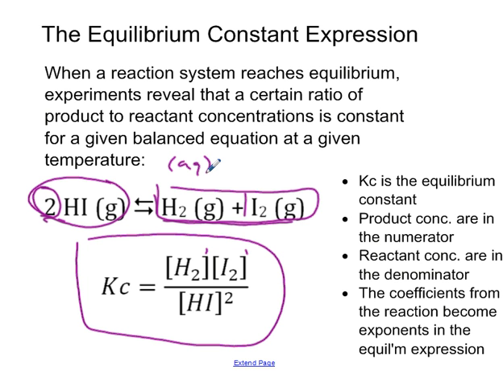Similarly, if you've got something dissolved in a certain volume of solution and you produce more and more of a product in the solution, then the concentration of that substance would go up. So aqueous and gaseous substances, their concentrations change during reactions, therefore they are always included in the Kc expression.